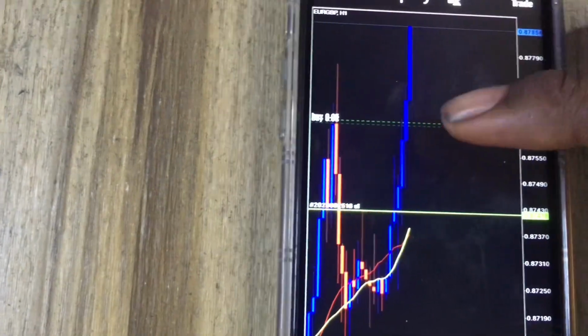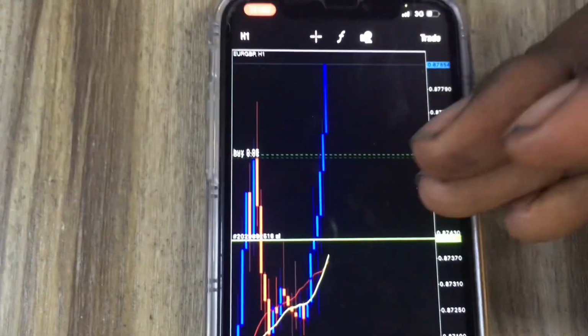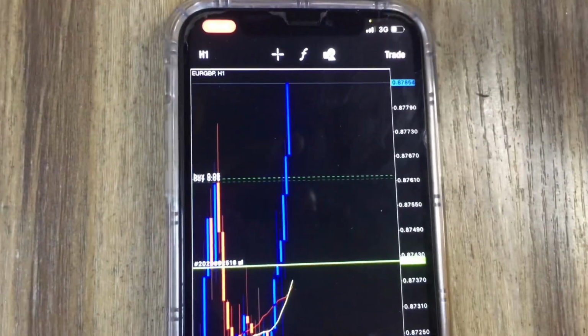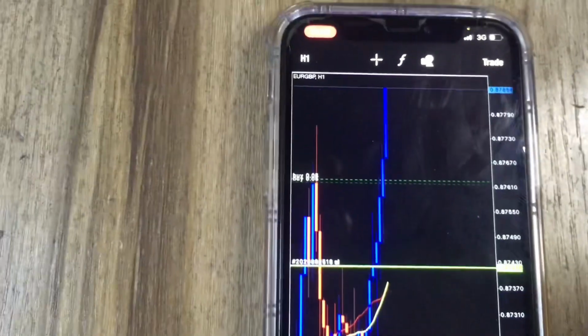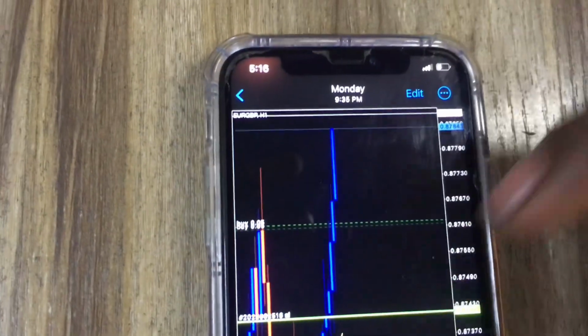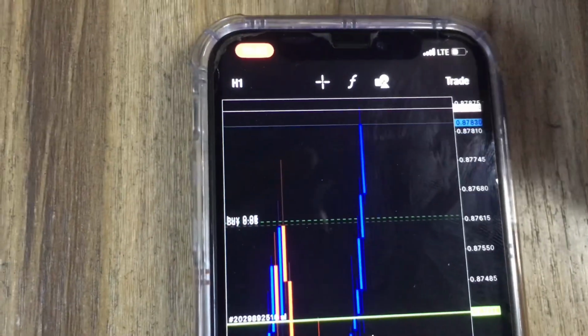You can see how price flew from this point right here. Just look at everything. What was wrong? Let's continue to see what happened here.